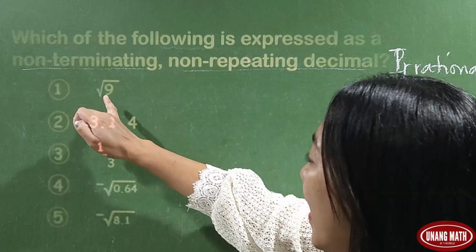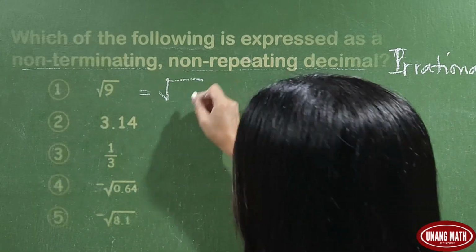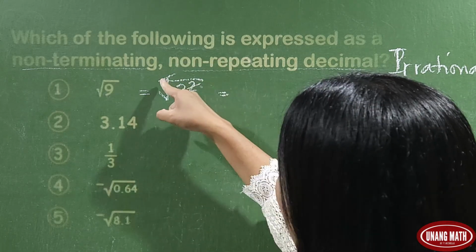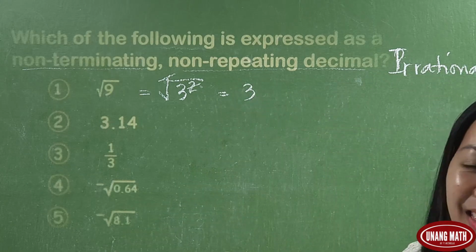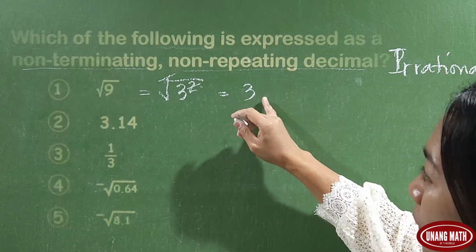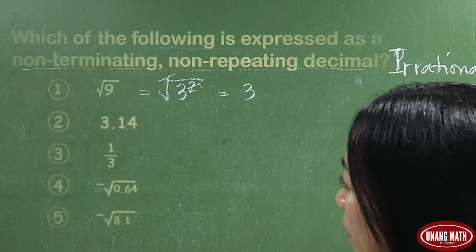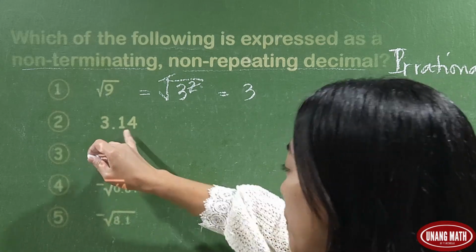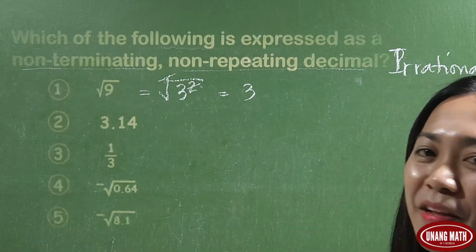Square root of 9. 9 is a square number or a perfect square, so we can write this one as square root of 3 squared. Remove the exponent and radical sign, so this is 3, and this is an integer. So this is not the answer we're looking for. What about number 2? 3.14. This is a terminating decimal, so it means this is a rational number.